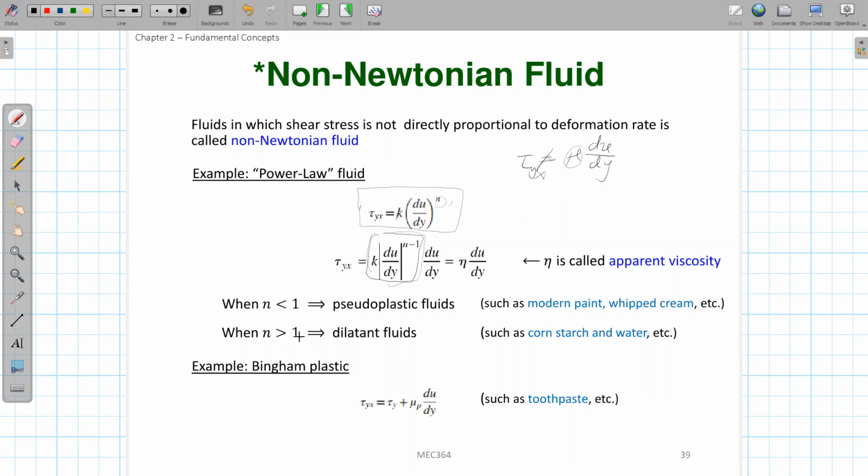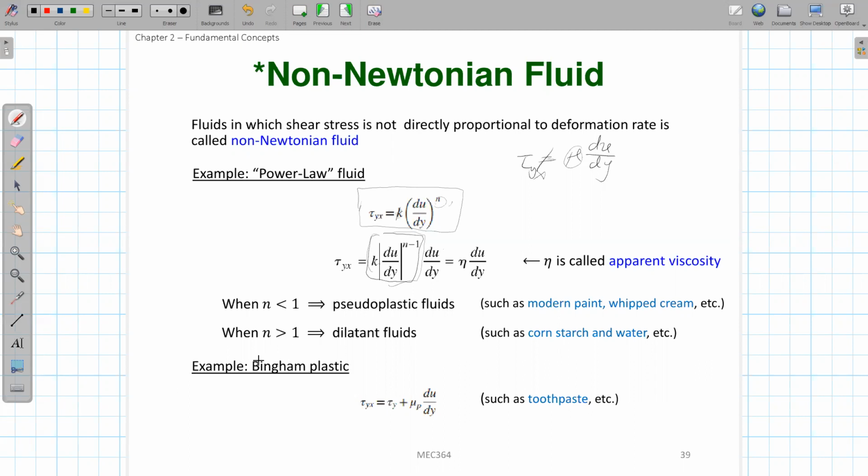If n is larger than 1, this is called a dilatant fluid. One example is corn starch mixed with water. This is one kind of non-Newtonian fluid.